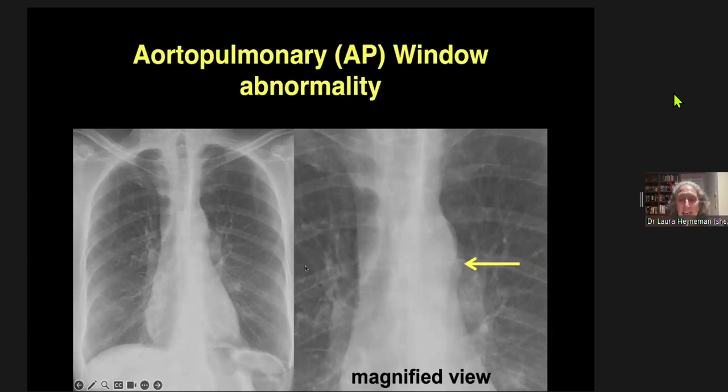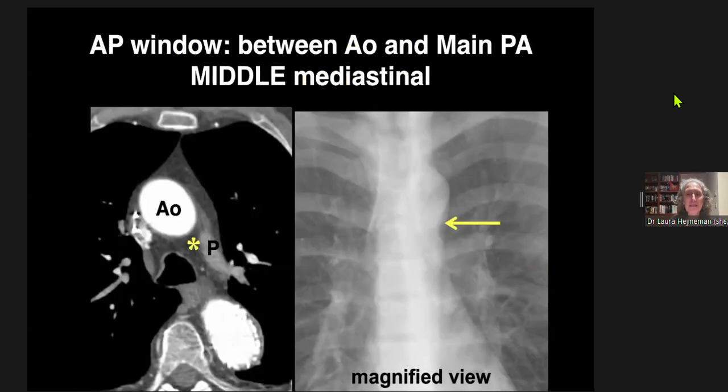This is the aortopulmonary window, the AP window, and the presence of that convexity is abnormal. There should not be any convexity in the AP window between the aorta and the main PA.